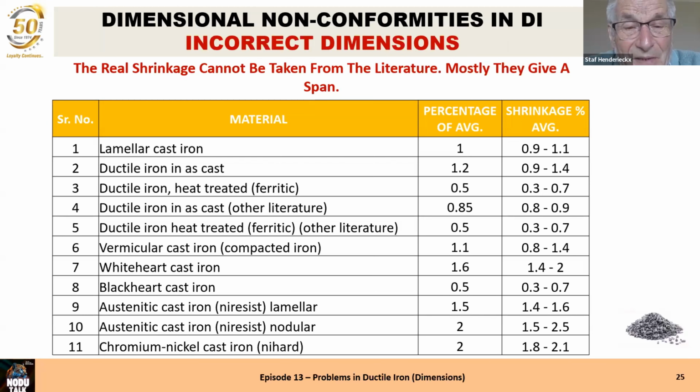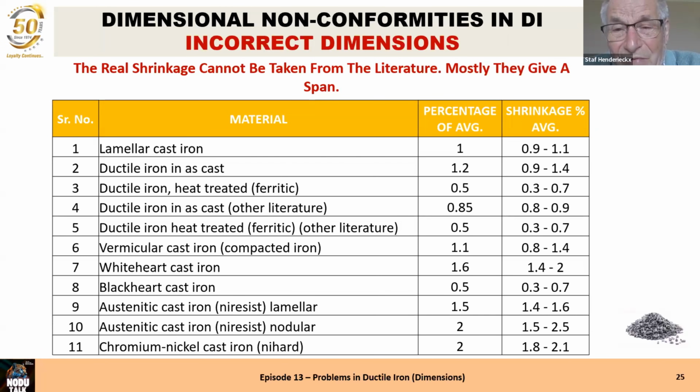So please think of that: if you heat treat the casting, especially ferritize it, the dimensions will be bigger than a casting without heat treatment. I have also mentioned some other literature, and they say instead of 1.2, they say 0.85, 0.8 to 0.9, and heat treated 0.5, 0.3 to 0.7.